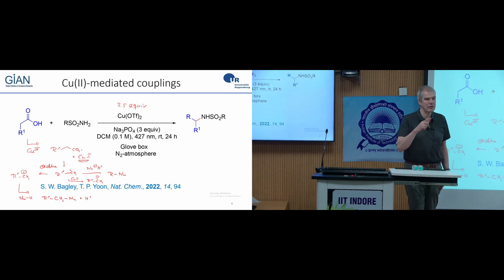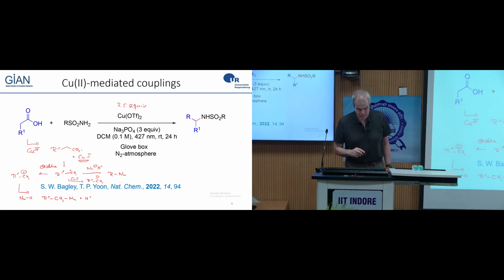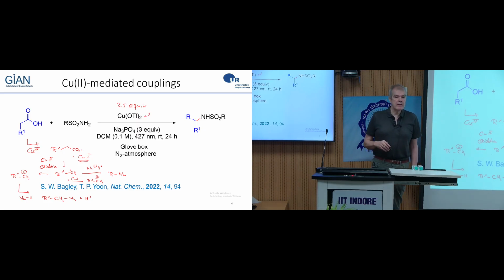It's a stoichiometric reaction, because he needs more copper 2 to oxidize this radical to the cation and then do the coupling. And Yoon points out, I think he had in a way a good point here. He says, you know, copper is inexpensive. It is acceptable to use copper 2 as a stoichiometric oxidant. And so that's how he claimed it.